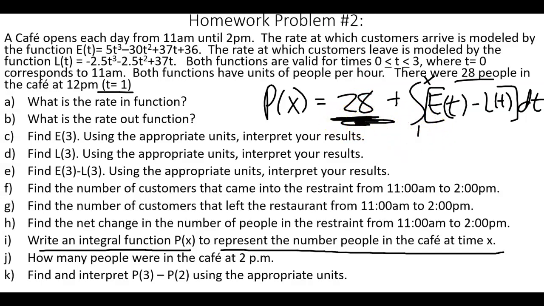So it doesn't actually have to be the first number. It just has to be an output amount that matches this particular time value. So at t equals 1, which is about 12 p.m., there are 28 people in there. So if we start there and put x here, that will give us a total amount.